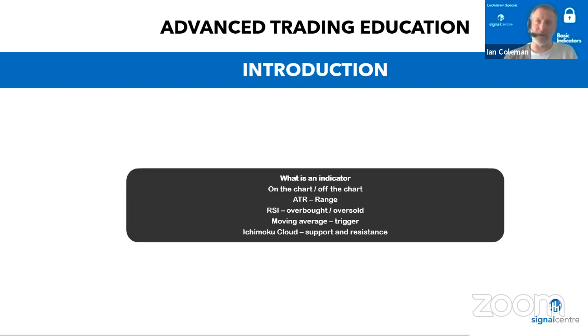Moving average: the trigger that we can use from moving average crossovers, but also how to define a trend from moving averages. And then the last one is the Ichimoku cloud, which highlights support and resistance.